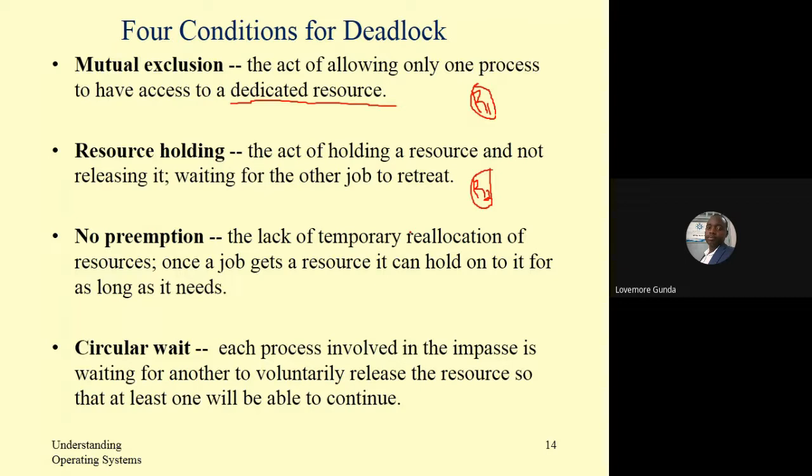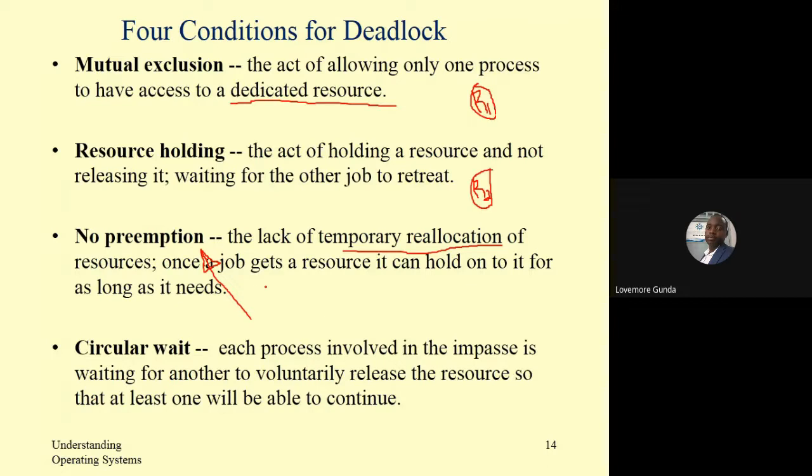Then no preemption. There's no temporary reallocation of resources. Once a job gets a resource, it can hold it for as long as it needs it. So once a process gets the resource, it can hold it as long as it needs that resource. That means you have not temporarily reallocated resources.